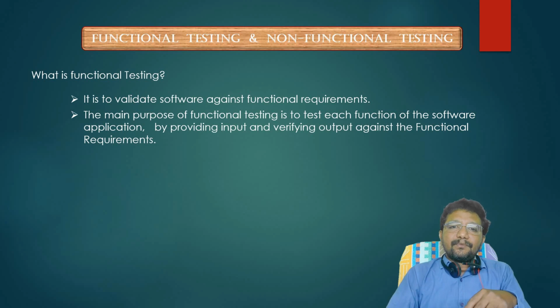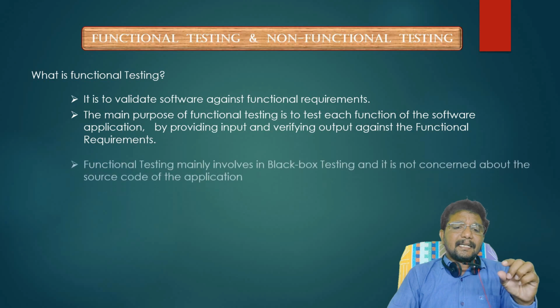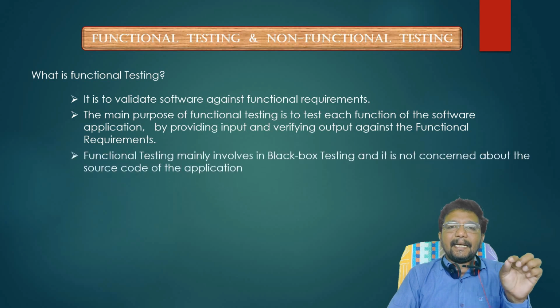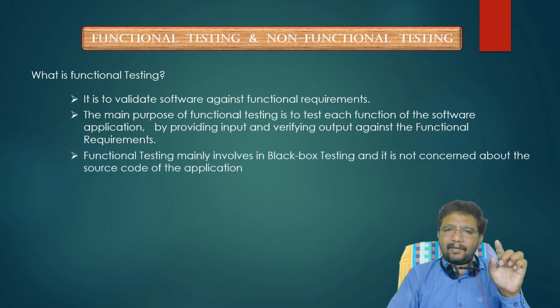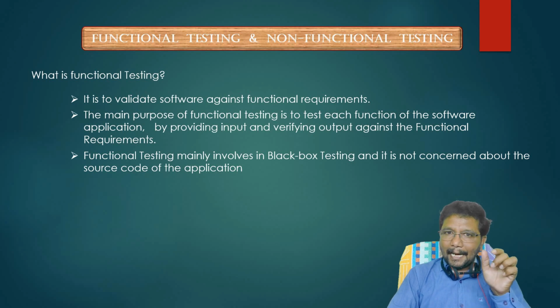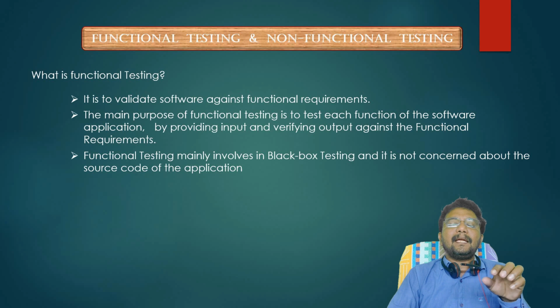Next, we have to understand that functional testing mainly involves black box testing, right? Already I told you, functional testing is a part of black box testing, which is performed by test engineers, not developers. It is not concerned with the source code of the application.